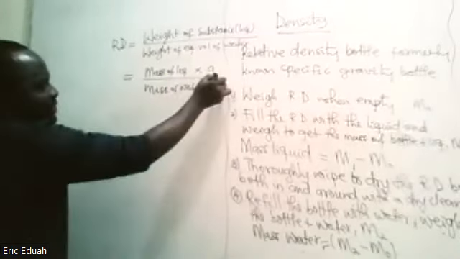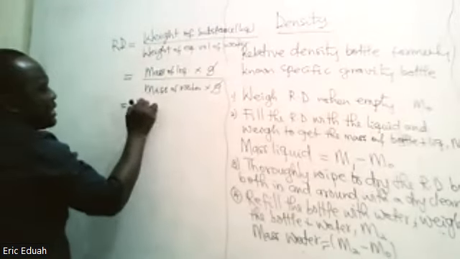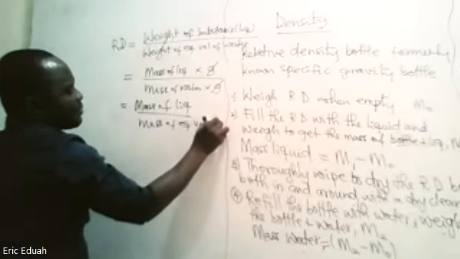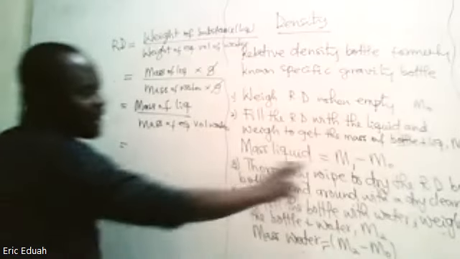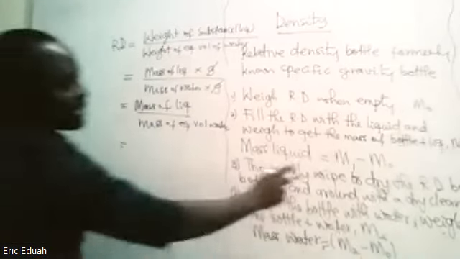this relation for RD will be left with mass of liquid divided by mass of equal volume of water. We've calculated the mass of the liquid. The mass of the liquid is M1 minus M0.